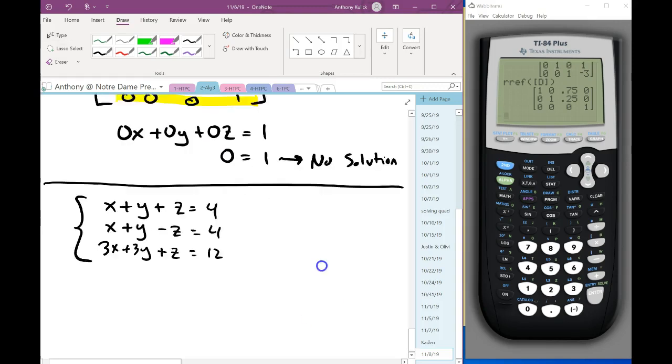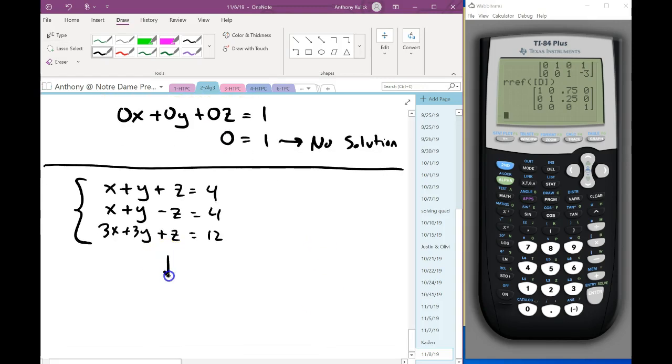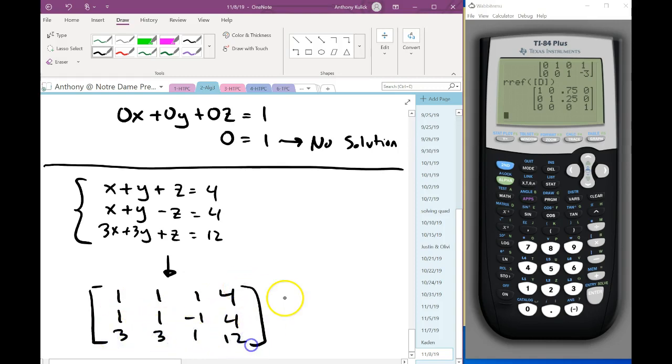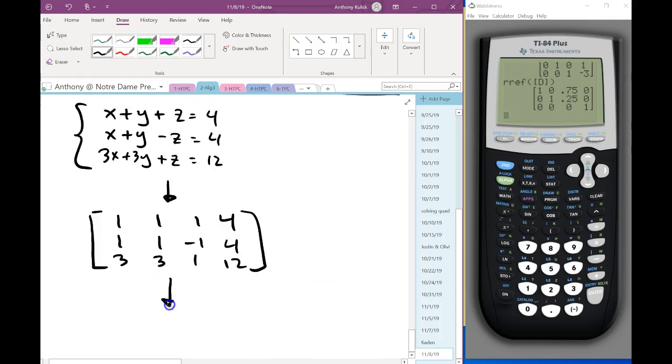Sure. So we'll do the same thing. We're going to rewrite this as a matrix. We're going to do that Gaussian elimination.